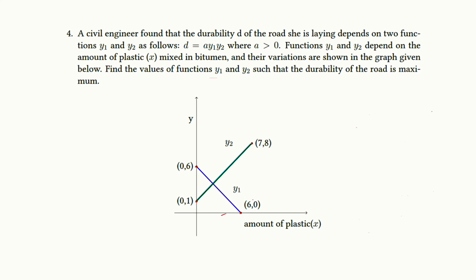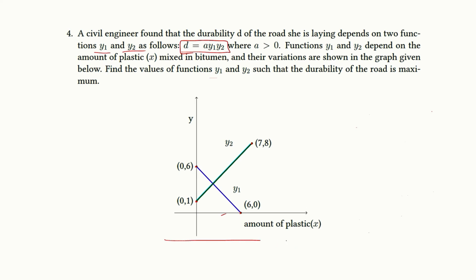Let's move to the next question. A civil engineer found that the durability D of a road she is laying depends on two functions y1 and y2 as follows. D is equal to A times y1 times y2, where A is greater than 0. Functions y1 and y2 depend on the amount of plastic x mixed in bitumen, and their variations are shown in the graph given below.